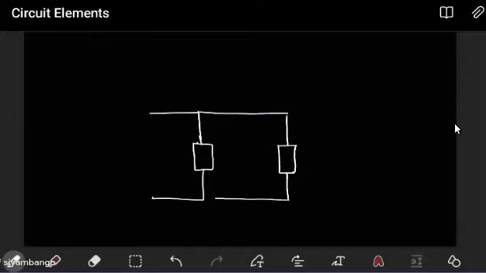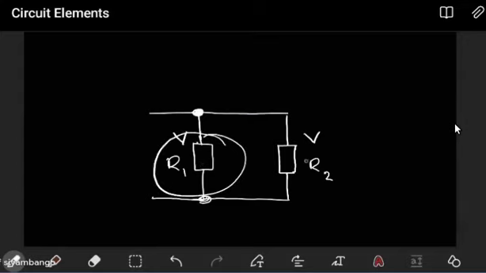I can use resistors as an example. If this is R1 and this is R2, these two resistors are in parallel. Because of that, the voltage difference across R1 will be the same as the voltage difference across R2.